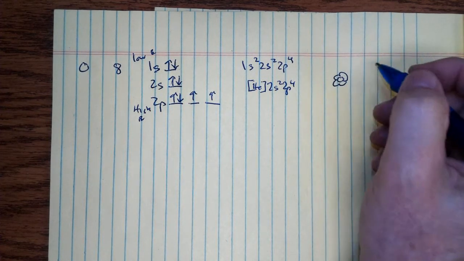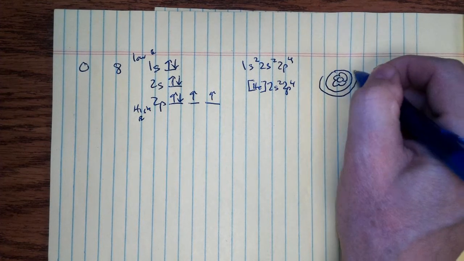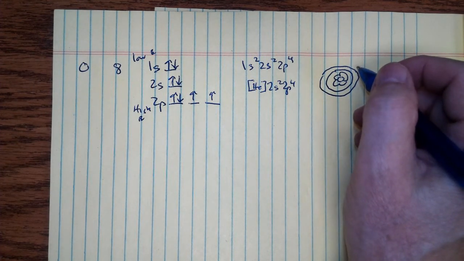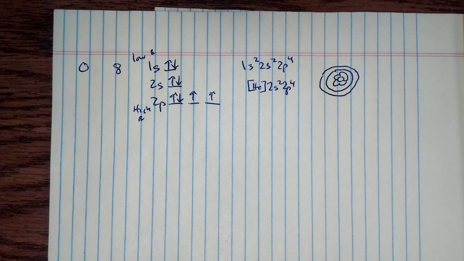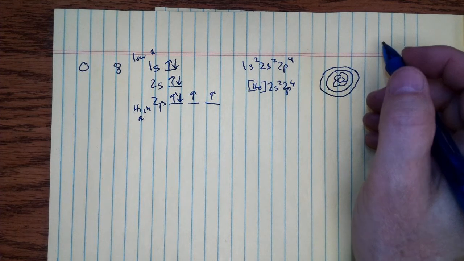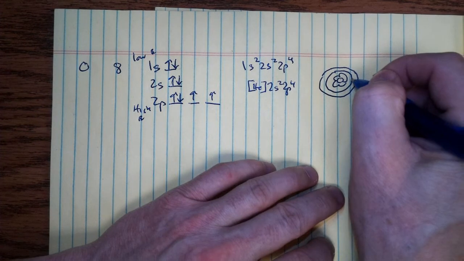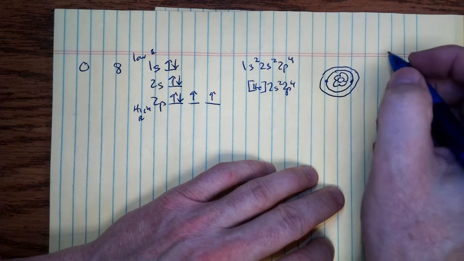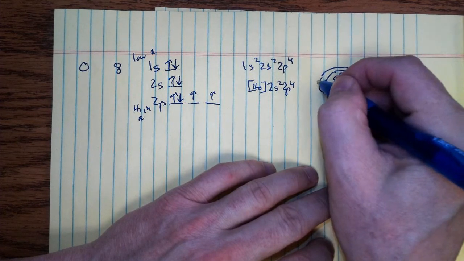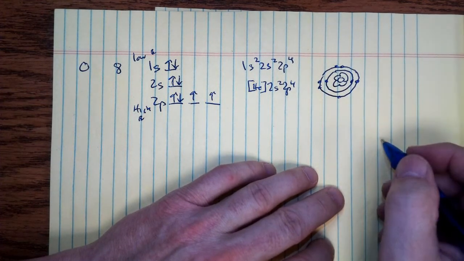Okay. And now we want to draw the Bohr model. Put the big O in there. And we still have only two main energy levels. So we got two electrons here like this, and then we got 6: right, left, up, and down, then go around like that.